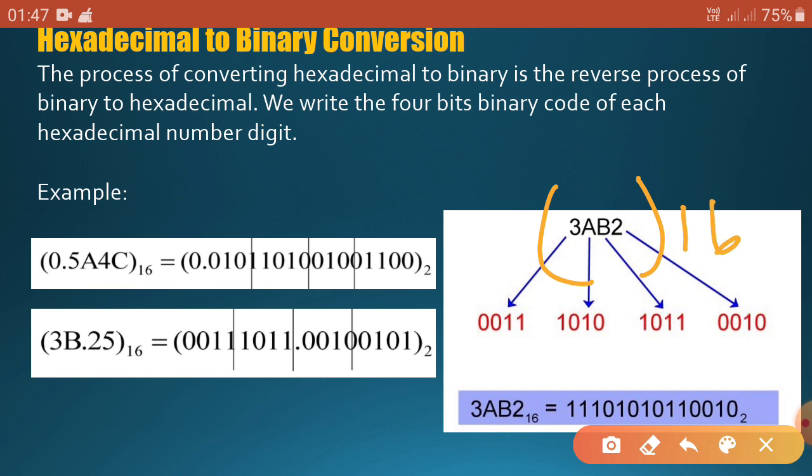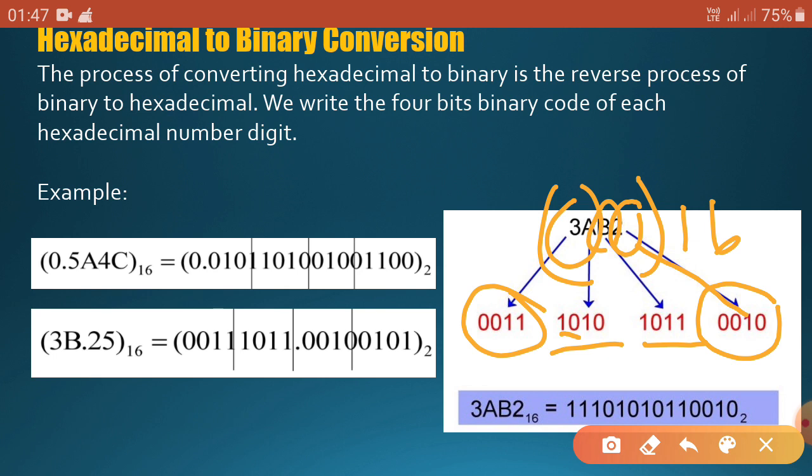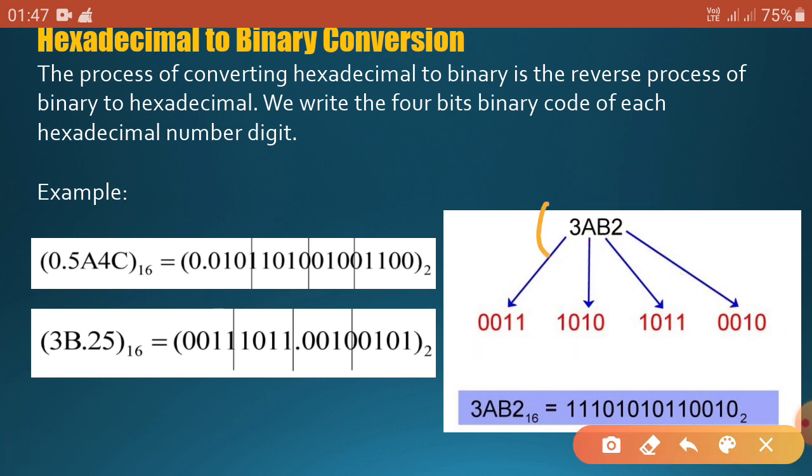We write each digit as binary: 2 is 0010, B is 1011, A is 1010, because A means 10, and 3 is 0011. So 3AB2 in hexadecimal gives us 0011 1010 1011 0010 in binary.